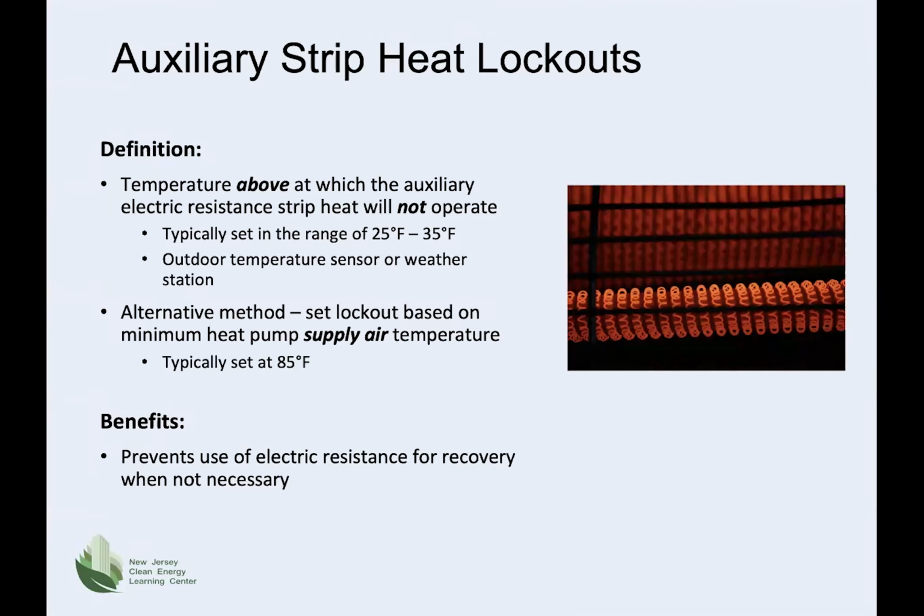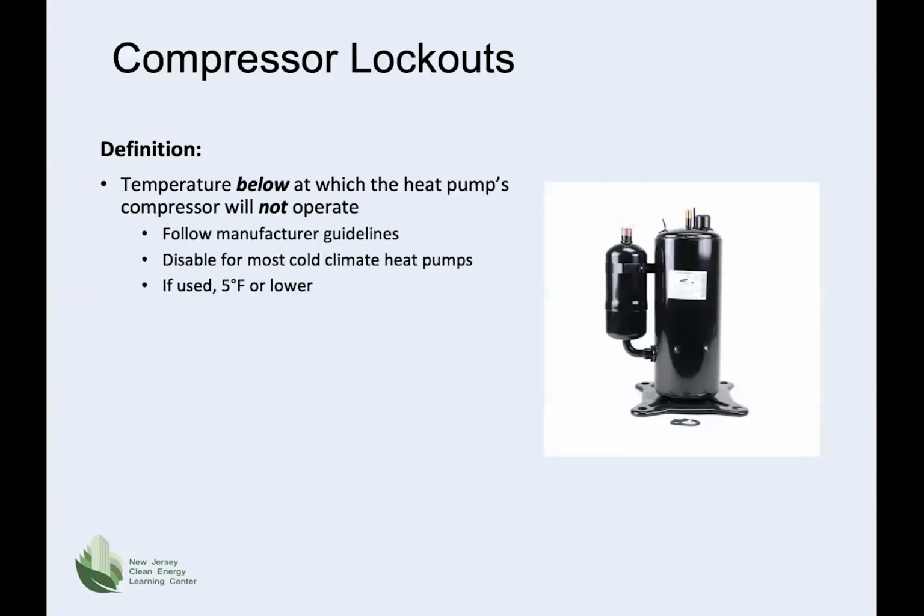The strip would then reactivate when the supply air temperature falls below the set point, typically again around 85 degrees. One of the main benefits of the lockout is to prevent the activation of the resistance heat during recovery when it's not really needed.